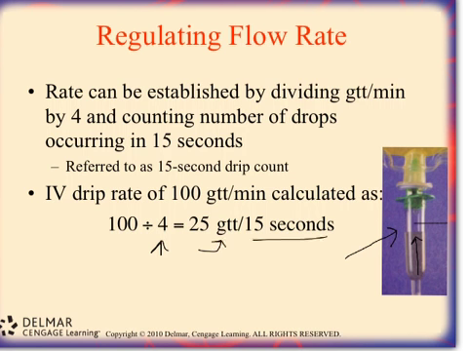And so then, for example, with this one, you want a total IV drip rate of 100 drops per minute. You divide that by 4, and you need 25 drops per 15 seconds. And so that way you can watch this chamber for 15 seconds until you have 25 drops dropping into that drip chamber in 15 seconds, and then you know you have your 100 drops per minute calculated.